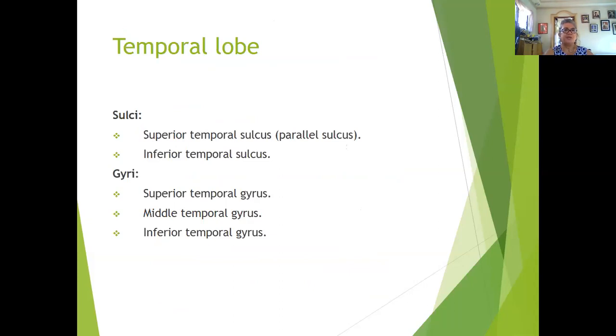So in summary, you will have the two sulci, the superior temporal sulcus or the parallel sulcus and the inferior sulcus, dividing the surface of the temporal lobe into three gyri, the superior temporal gyrus, the middle temporal gyrus, and the inferior temporal gyrus.